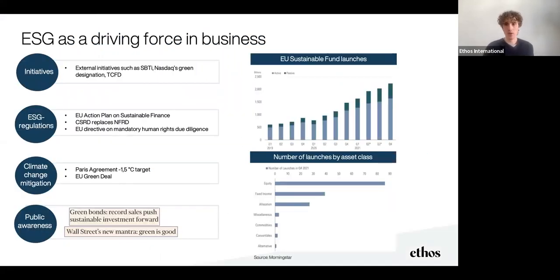So if we're going to summarize quickly what it is that is driving this change within the financial sector, we mentioned the regulations, of course, which are quite heavy-handed, and there are a lot of them, and they're very complex, but they're not the only market drivers when it comes to the integration of ESG in finance. There's also a very heavy demand from both retail and institutional investors for ESG products.